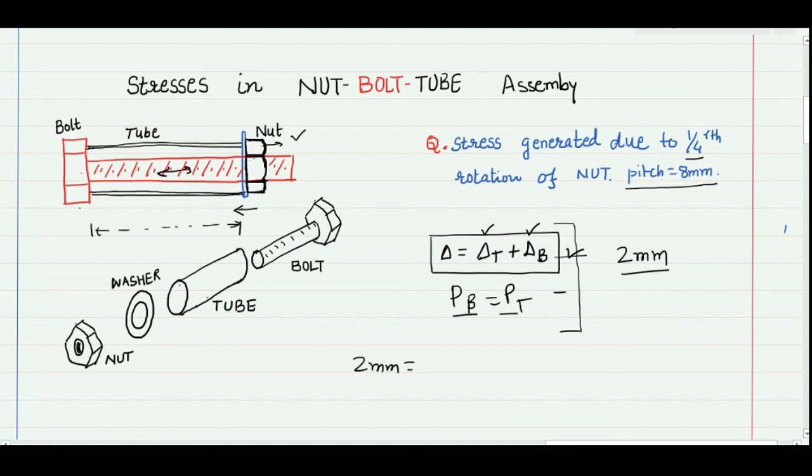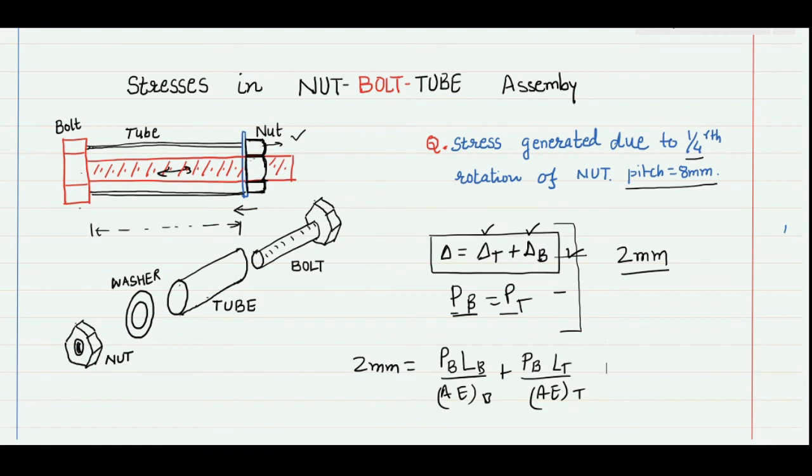This 2 mm is going to be balanced by the force in the bolt times the length of the bolt divided by the cross section and E of the bolt, plus the force in the tube, but I know that both the loads are the same, so I can write it as P_B L_tube divided by AE of the tube. Solving this equation, I will get the force in the bolt and the tube, and then I can use these forces to find the stresses in the nut and bolt.